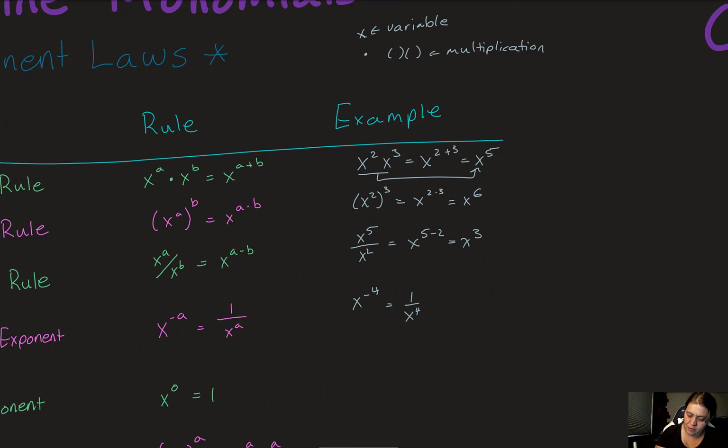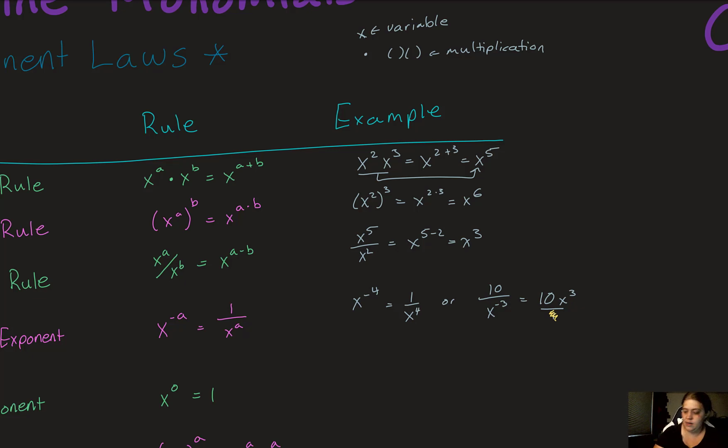I want to do a couple of others just because it's good to see them. Let's say 10 over x to the negative 3, that would become 10x cubed, technically over 1, but typically we kind of ignore the over 1 part because we understand that that's there even though we don't always write it down.